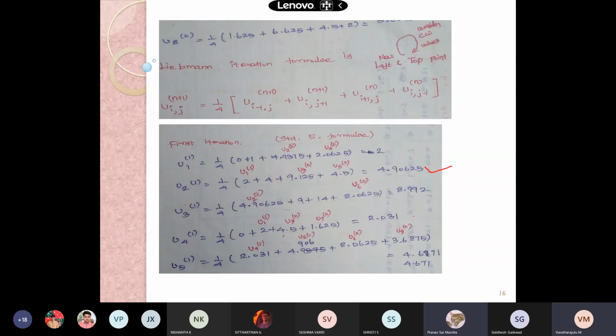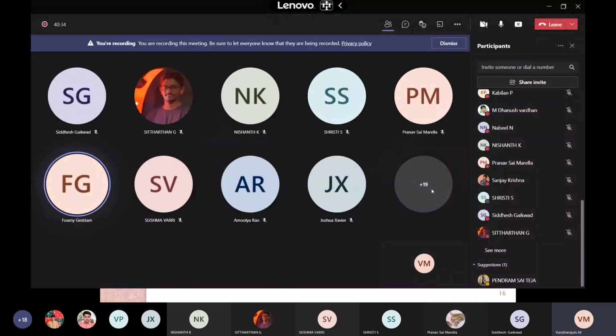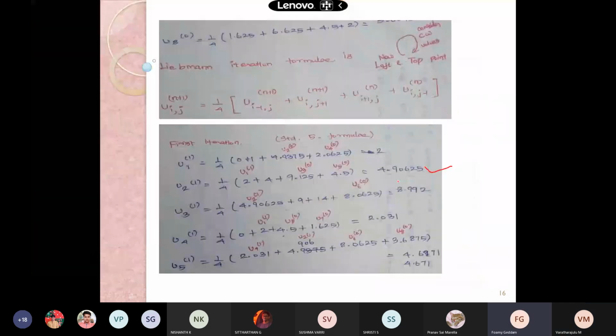Okay, U3. Who is calculating U3? It's me, sir. When I calculated, I'm getting 9.006325, but the answer given here is 8.992. Where did it go wrong? I don't know, sir. You applied this value for U2?